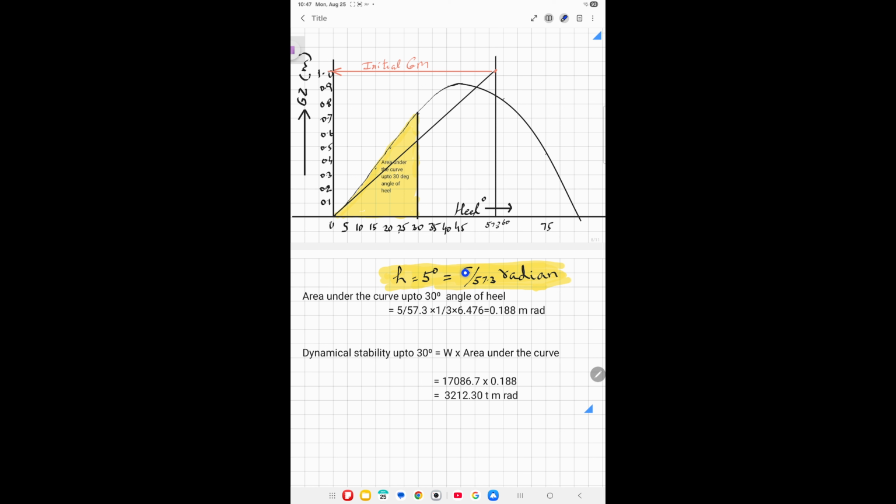So h will be 5 upon 57.3. Then we divide by 3 also, and multiply by the sum of the products for area, 6.476. Area under the curve up to 30 degree, I get 0.188 meter radian.